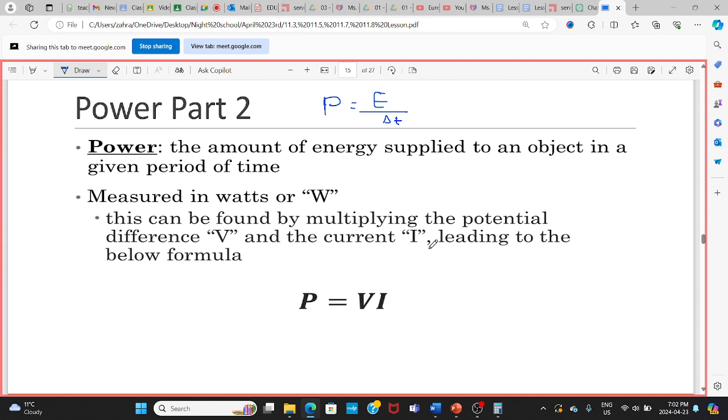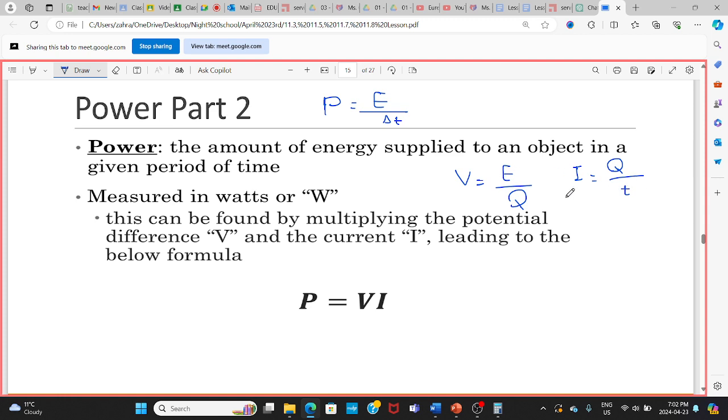Just to remind you that voltage was energy per Q. Remember that equation? Also, I was Q over time.